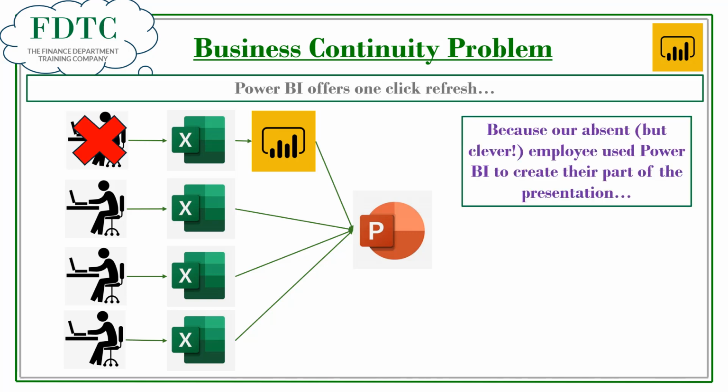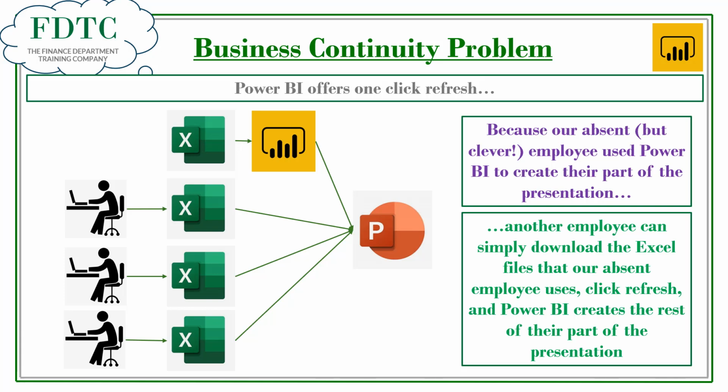And so, because our absent but very clever employee used Power BI to create their parts of the PowerPoint presentation, when they disappeared, another employee can simply download the Excel files that our absent employee uses, then click refresh, and Power BI recreates the rest of their part of the presentation. Now, this means that while we still need another employee to download the Excel files and save in the right places, this vastly reduces the opportunity for errors and the handover is minimal.